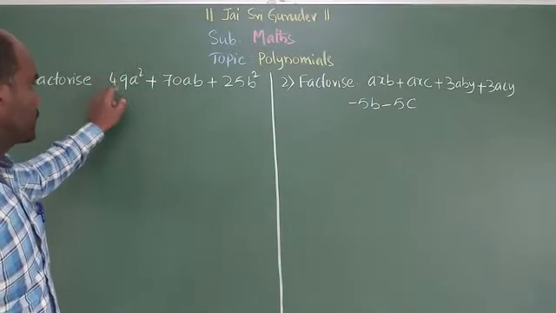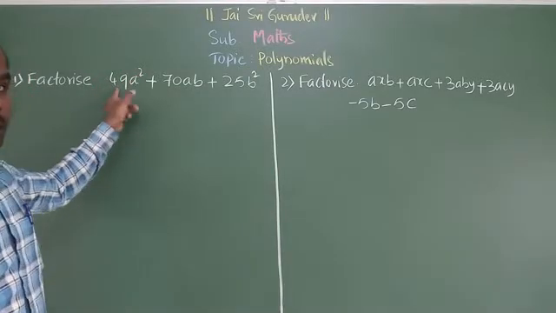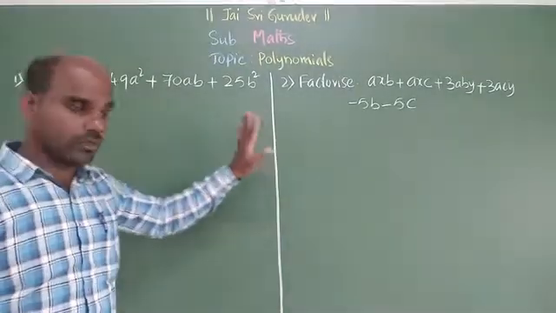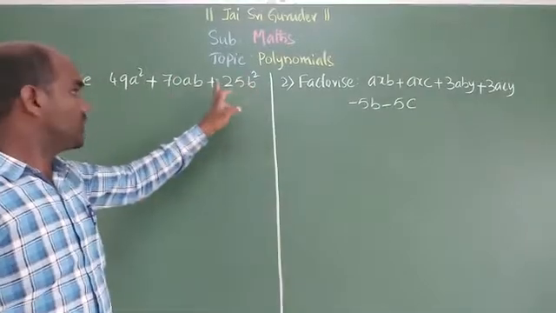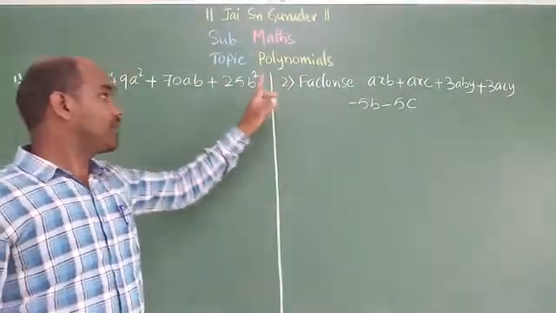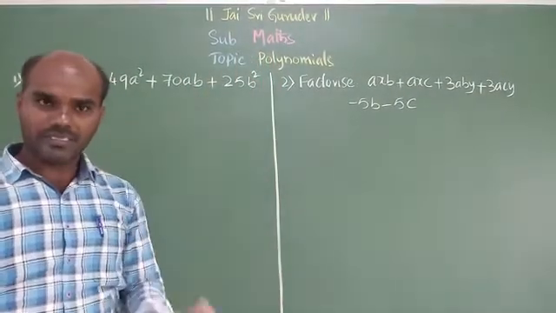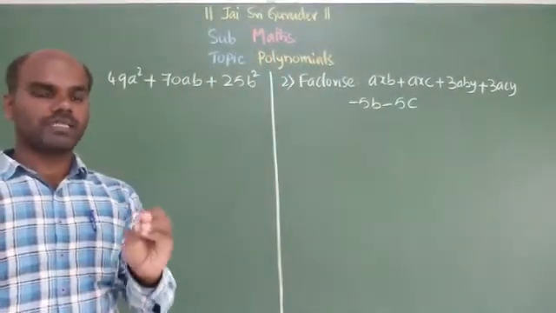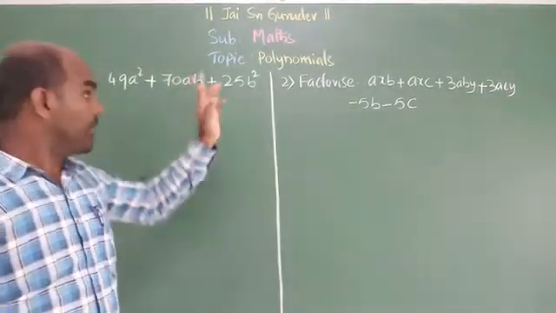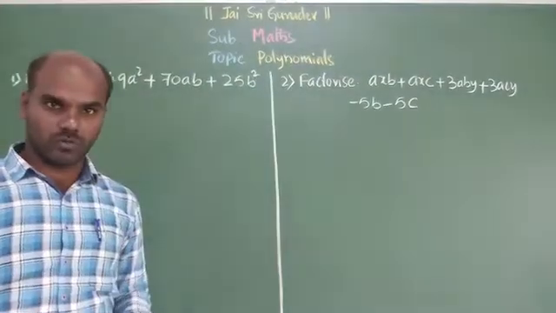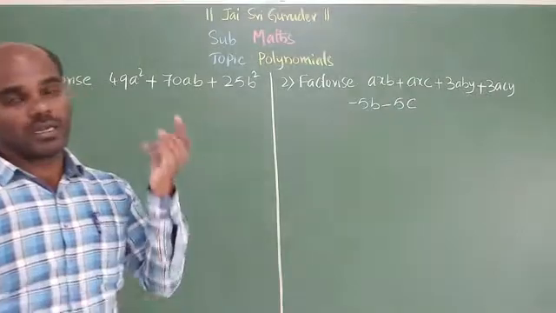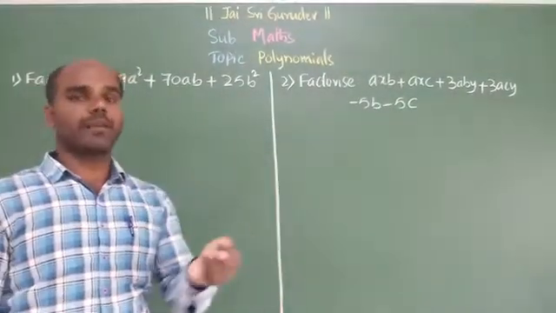Based on this, the first term 49 is 7 square and a square is also a perfect square. The last term 25b square: 25 is a perfect square and b is also a perfect square. So we write this in the form a square plus 2ab plus b square, which we write as a plus b whole square.